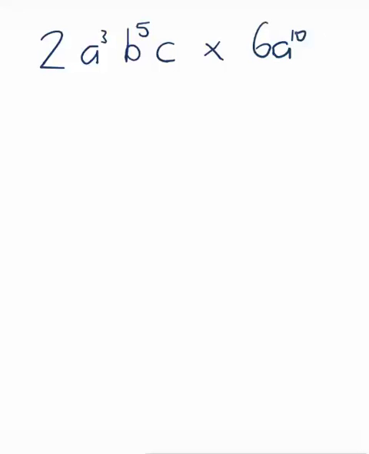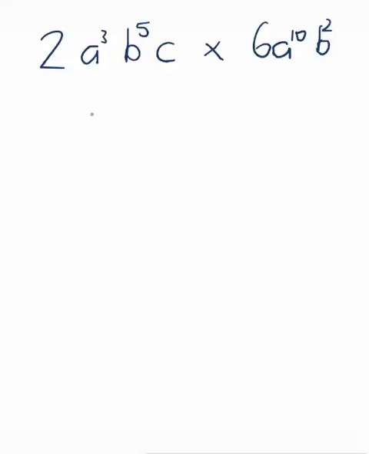Now, what happens if we have, let's see, 2, we'll do a cubed, and b to the power of 5, chuck a c there, times, now what happens if I've got a 6? Alright, now, when we have numbers, and we can see that 2 and 6 are not the same base number, so I'm not going to be adding their powers, but even if I did have the same number, like a 2 here and a 2 here, you can add their powers, but a shortcut is just multiply them.